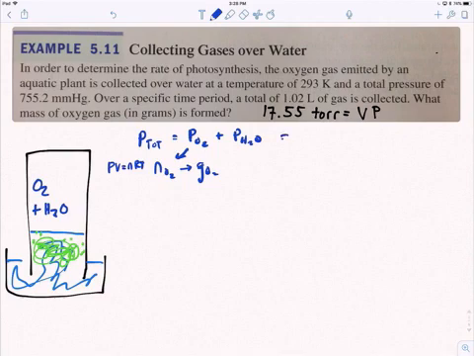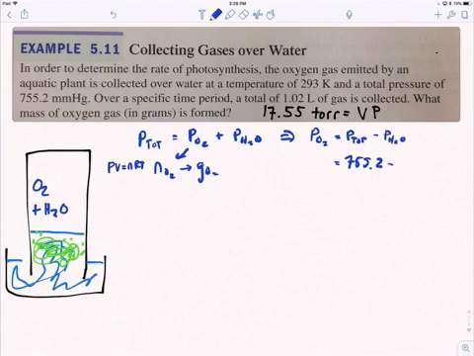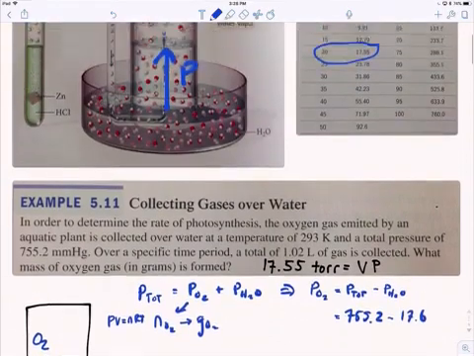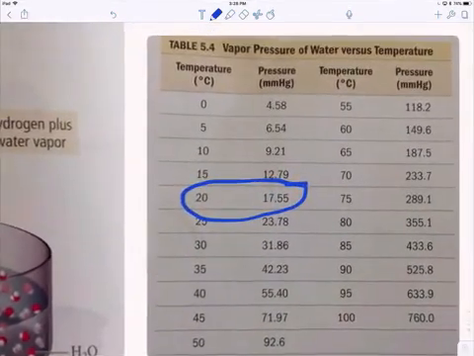Okay, so this also implies that the pressure of oxygen is equal to the total pressure minus the pressure of the water vapor. So total pressure is 755.2 minus 17.6. So where am I getting that? I'm getting that from this chart here.